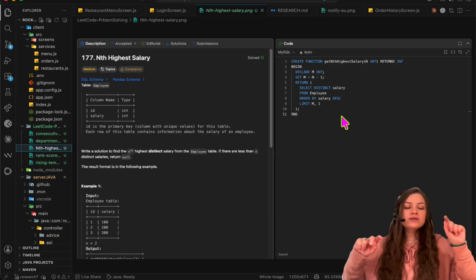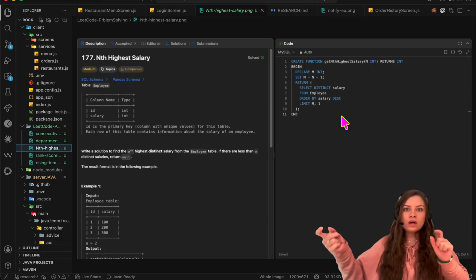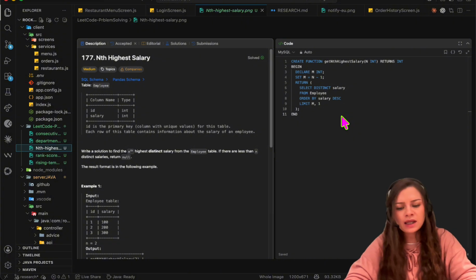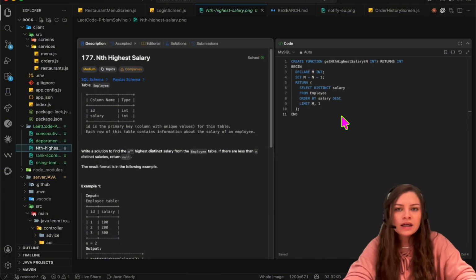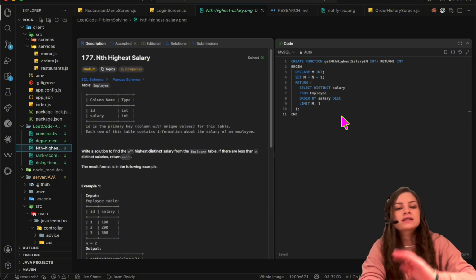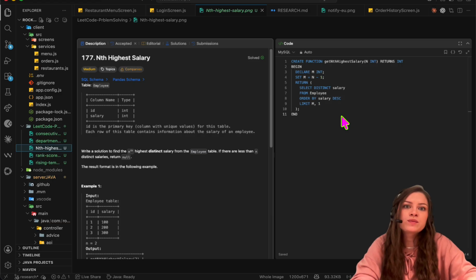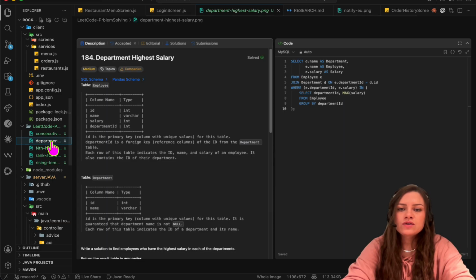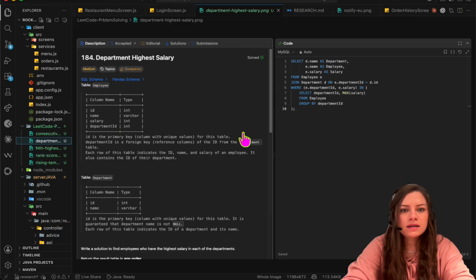And then we compute M equals n minus 1 in a variable because LIMIT won't accept an expression like n minus 1 directly. If there aren't enough distinct salaries, the subquery returns nothing, which becomes null, which is exactly what the problem wants. So moving on to the second problem, which is Department Highest Salary.